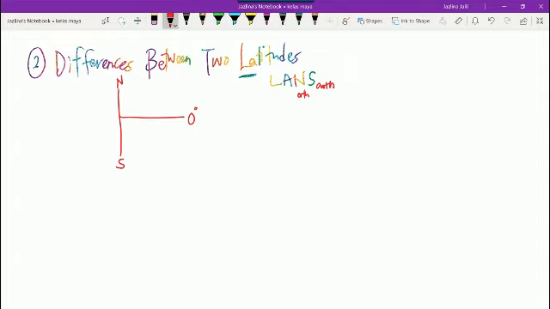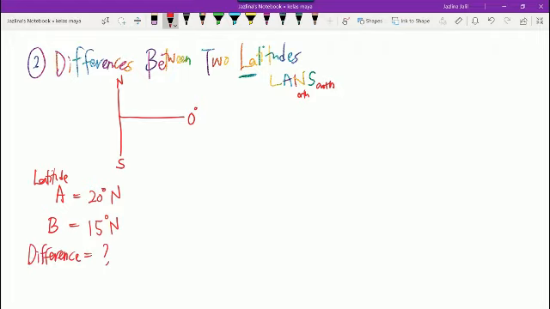So for the first example, latitude of A equals to 20 degree north, and B has 15 degree north. What is the difference? Maybe certain of you can just imagine it and do it.